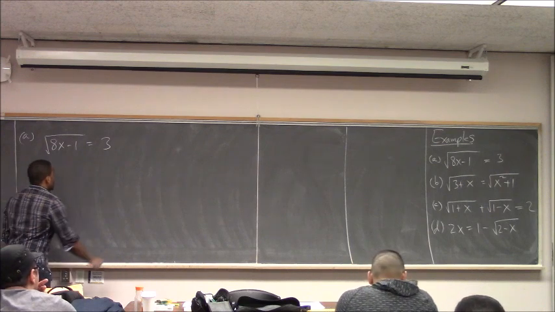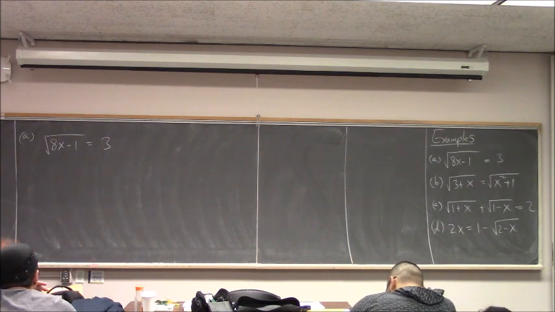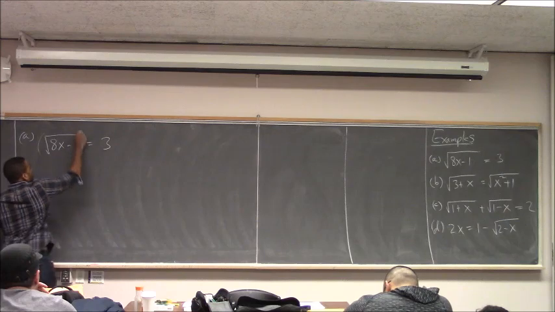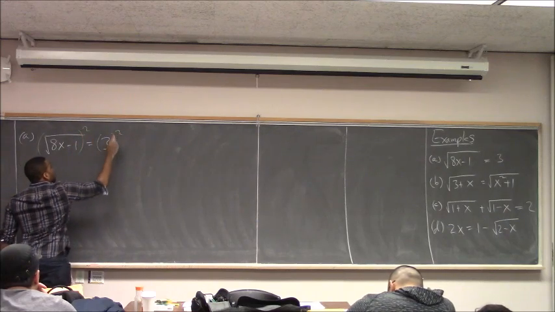Square both sides, right. The radical is already isolated, so we can skip to the squaring both sides step. We have to do both sides.